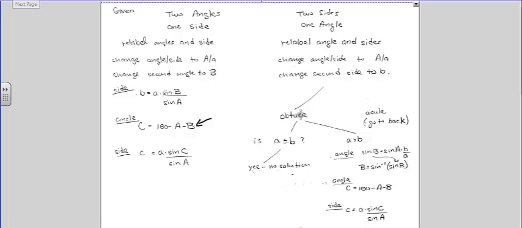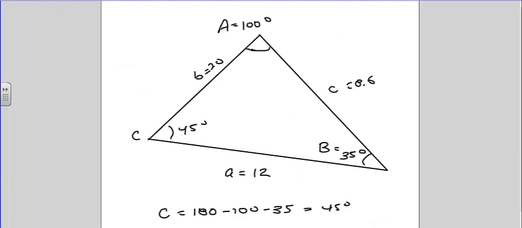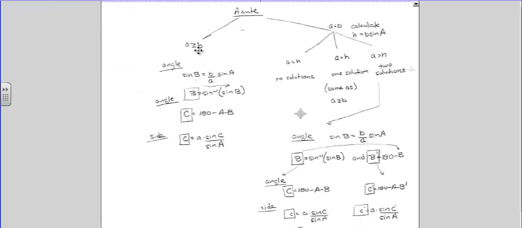But if it's an obtuse angle that's given to you, it depends upon whether A is greater than or equal to B. If it is, that's straightforward. In this case, you calculate the angle first, then the third angle, and then the third side.